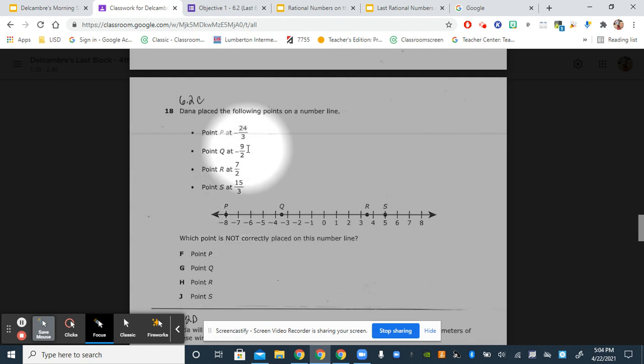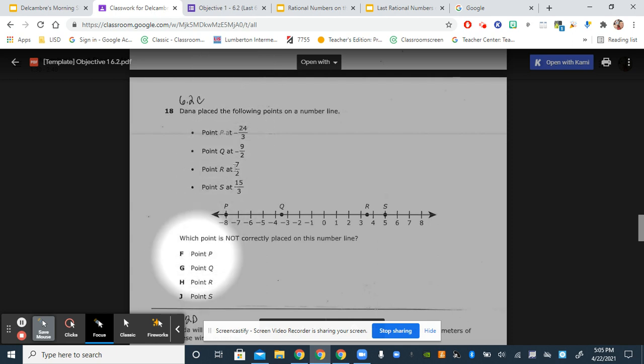So look at Q. 2 can go into 9 4 times with 1/2 remaining. So it's negative 4 1/2. If I go to negative 4 1/2, it would be right here. Q, where it's located right now, is negative 3 1/2. So point Q is the one that does not go in that place.